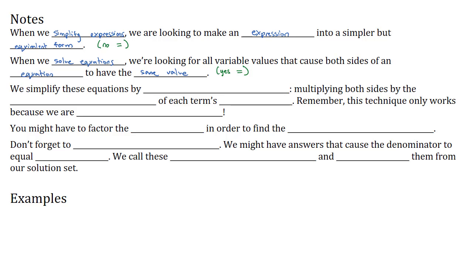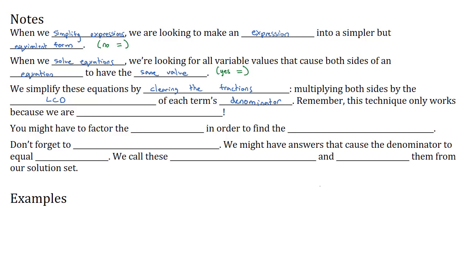Now with rational equations, not expressions, because now we have an equal sign, when we simplify these equations, we can do that by clearing the fractions. We do that by multiplying both sides by the least common denominator of each term's denominator.